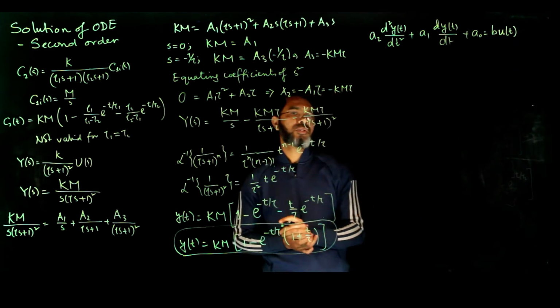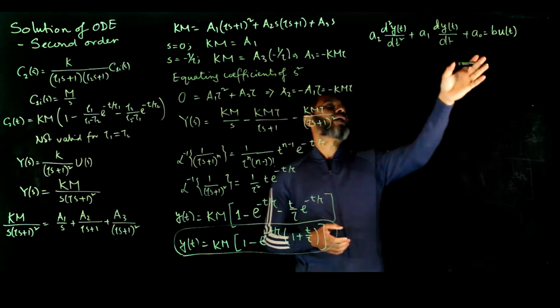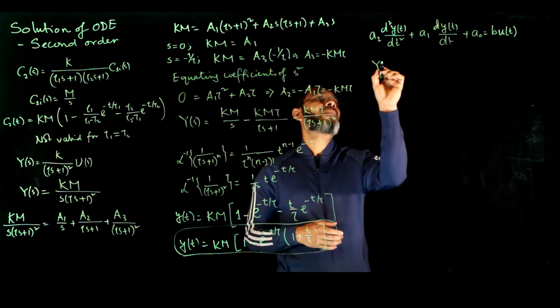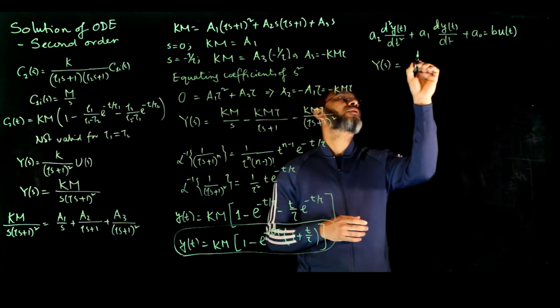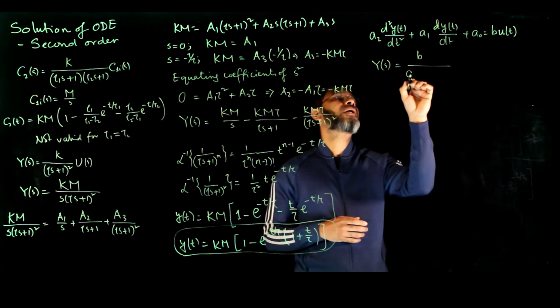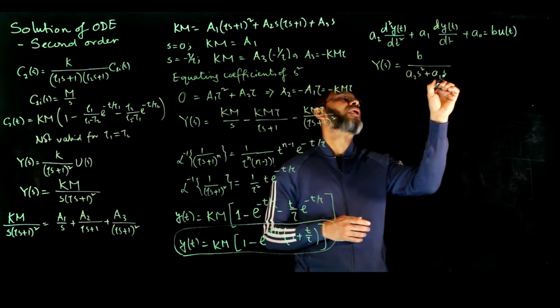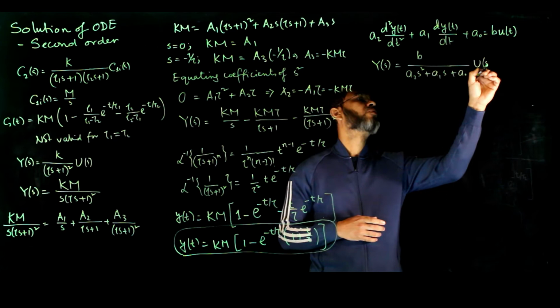We can express it this way, or in the Laplace domain we can write Y(s) equals b over a2 s squared plus a1 s plus a naught times U(s).